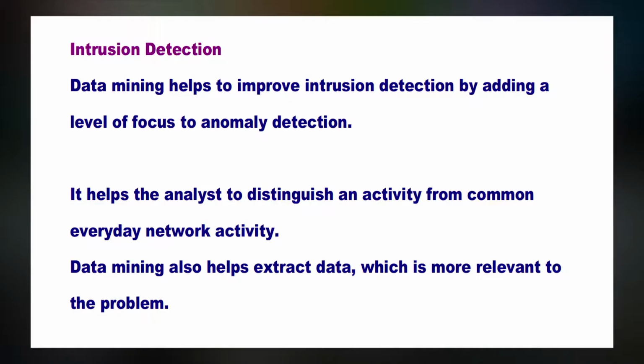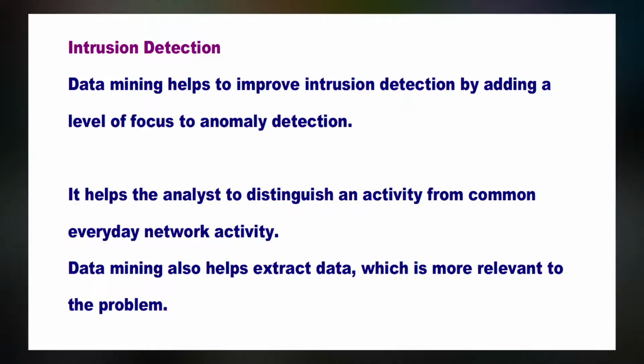So, this data mining system helps us to look for a pattern which is an anomaly, and having identified that, it will flag it as an anomaly and help in detecting an intruder. Data mining helps the analyst to distinguish common everyday network activity from a very uncommon activity. Then it flags that uncommon, unfamiliar activity or event as an anomaly. Data mining also helps extract data which is more relevant to the problems.